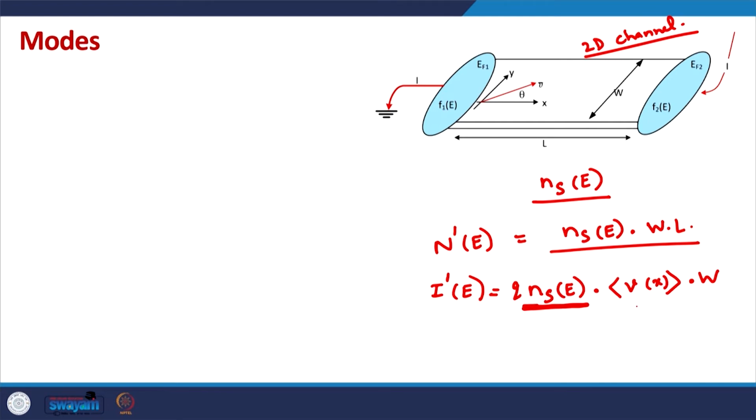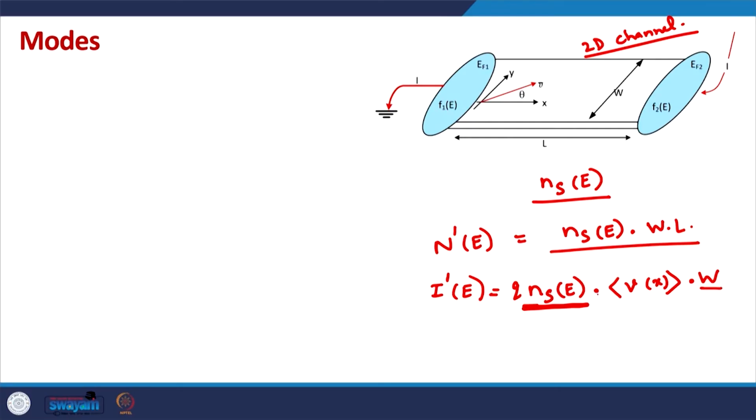Vx tells us the velocity of electrons, and that essentially is the rate at which electrons are getting swept through the device, and if we multiply by width, it will give us the number of electrons getting across the device per unit time, or per second, and if we multiply that by q, that will essentially give us the steady state current.